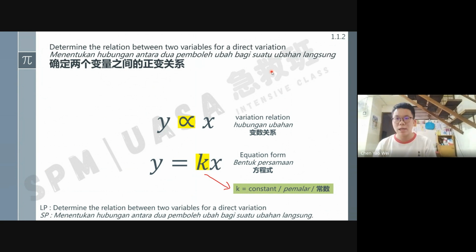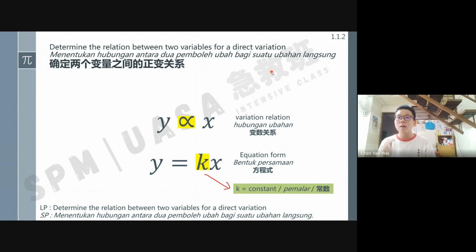This is the relation. When we want to write it in equation form, we don't just put y equals x. You need to put k as a constant, because in relation form we just relate the two variables without any constant, but in equation form you need to put k, which is called a constant.